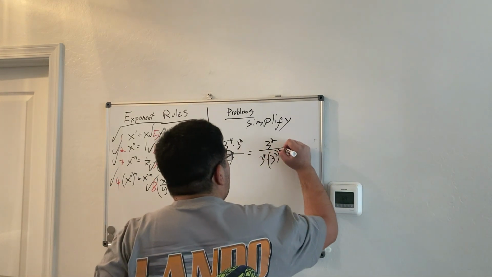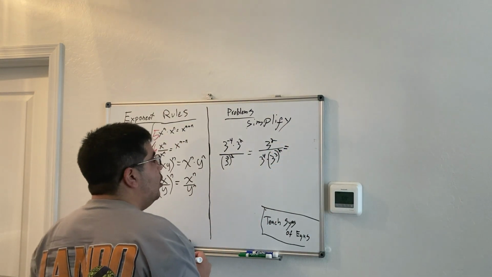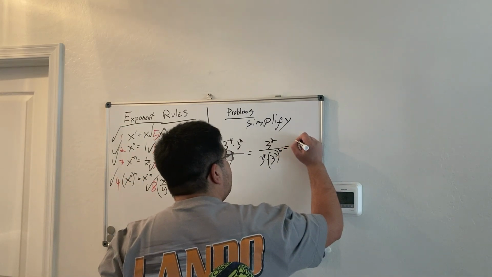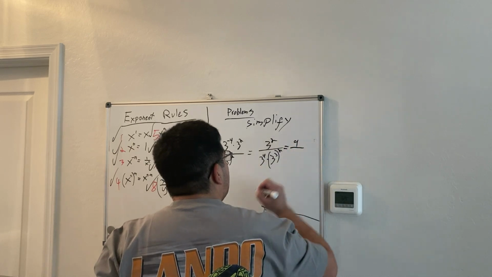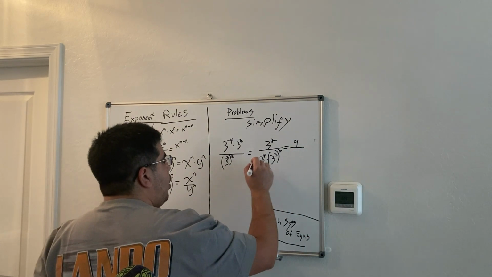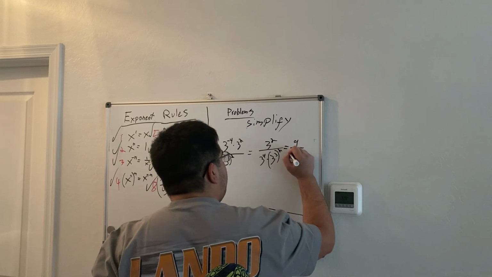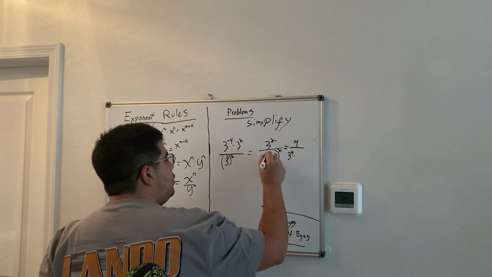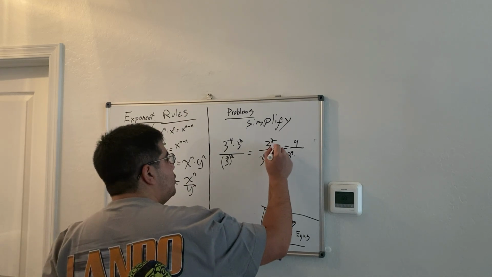So that's going to equal 3 squared, we can do that in our heads. That's 3 times 3, which is equal to 9. And then we have 3 to the fourth power times 3 to the third power to the second power.